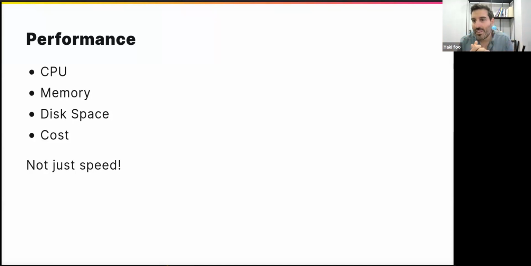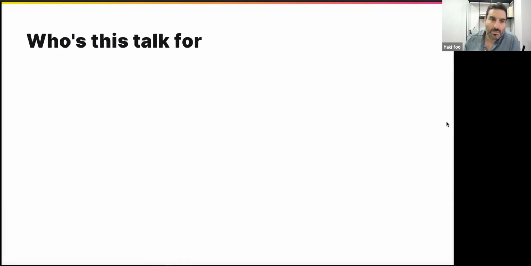However, if this background process consumes a lot of memory or consumes a lot of CPU, it might actually harm the other parts of the system. So in this case, you might not want to optimize for speed. You want to optimize for other types of resources such as CPU or memory. So this is something that we are going to talk about throughout this talk. We are not optimizing just for speed. We're optimizing for other things.